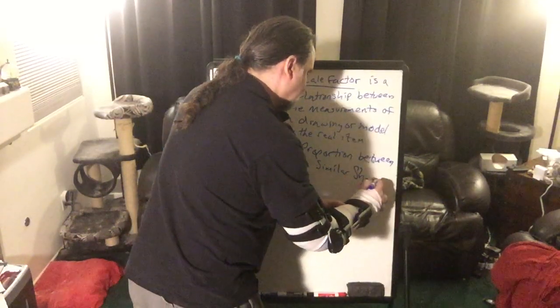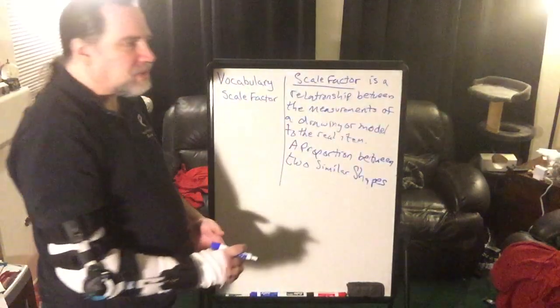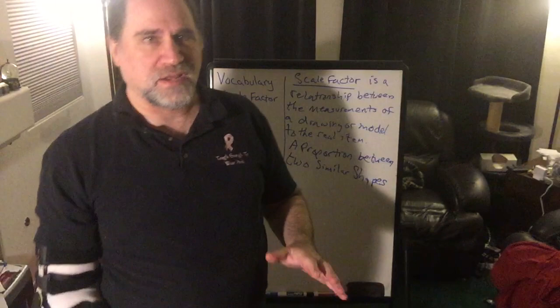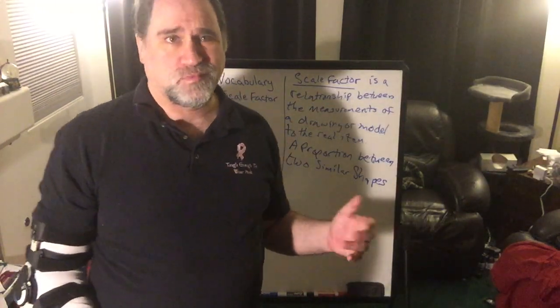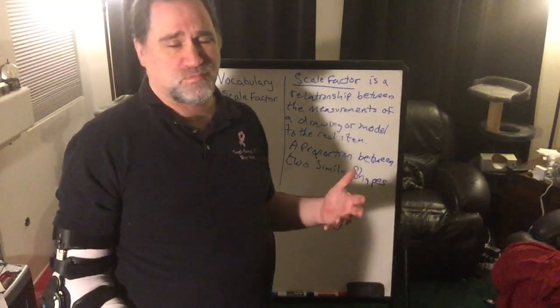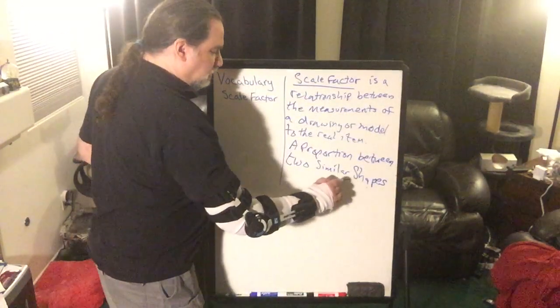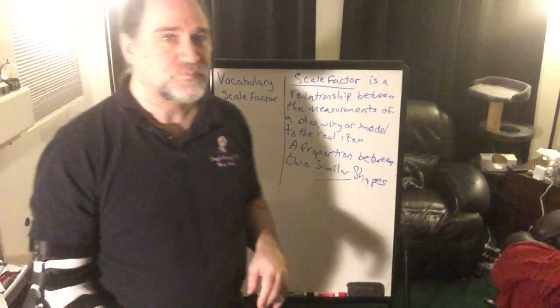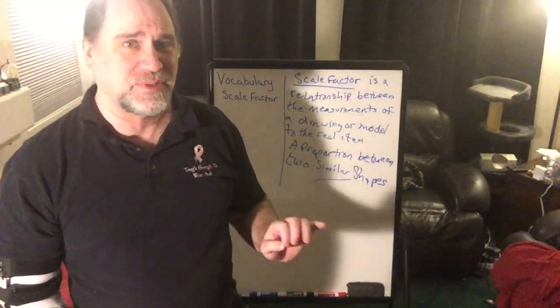Now, when I say similar, I don't mean they look kind of close, or hey, they're both rectangles, or hey, they're both triangles. Similar in this case has a very specific meaning. And we are going to see that in the next lesson. We're going to talk all about similar shapes.